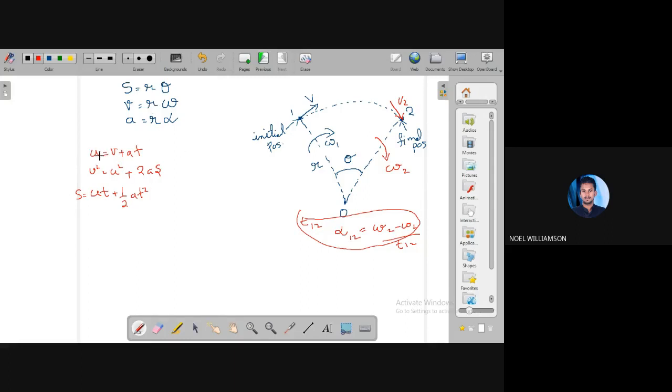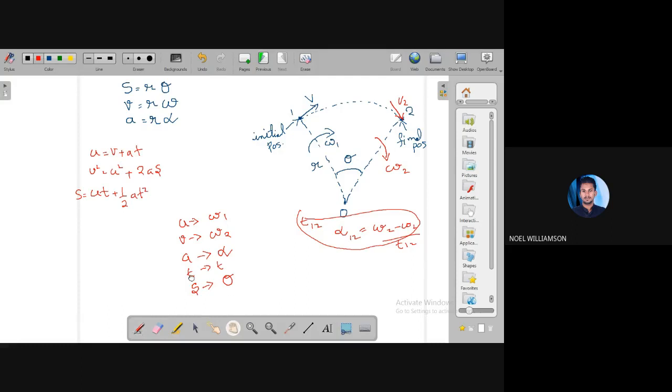That is, instead of u, we can write omega 1, instead of v, we can write omega 2. That is, here it is initial velocity, this is final velocity. So instead of u, we can write initial angular velocity. Instead of v, we can write final angular velocity. Instead of a, we can write angular acceleration, and t itself, and instead of displacement, we can write angular displacement.